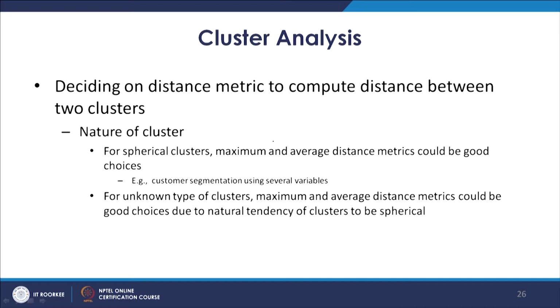So, we look at the maximum and average distance metrics. The way distance between two clusters is computed, either the farthest pair of observations are involved, or all possible pairs of observations are involved. This is essentially how the computation happens, and it is going to be more suitable for spherical clusters.